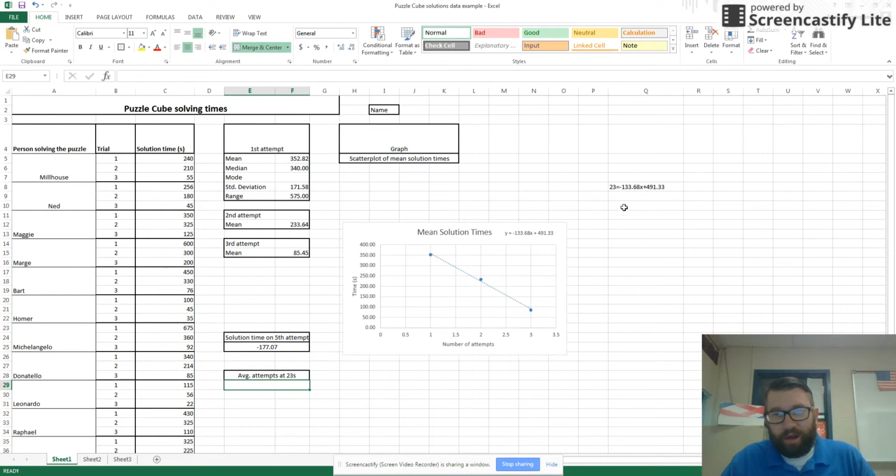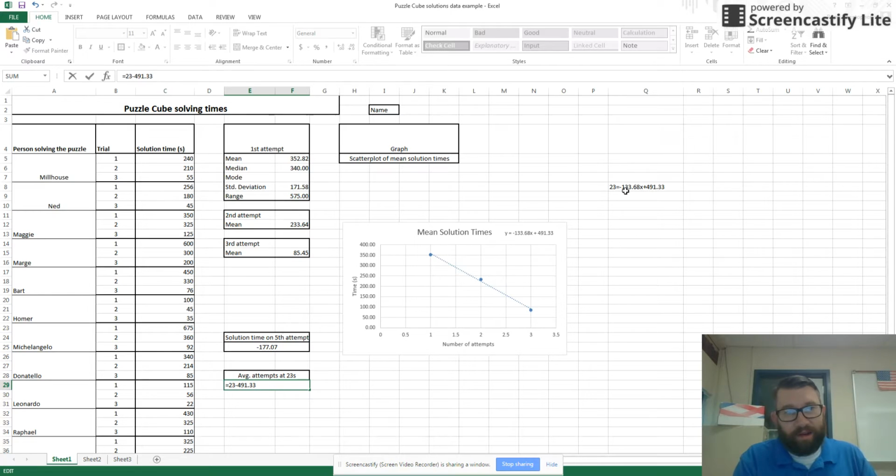So now that I have my equation, I can actually use math to enter it. So I'm going to go equals, and I know that I want 23 minus 491.33, and then I have to get my negative 133.68 to essentially isolate x or get x by itself.